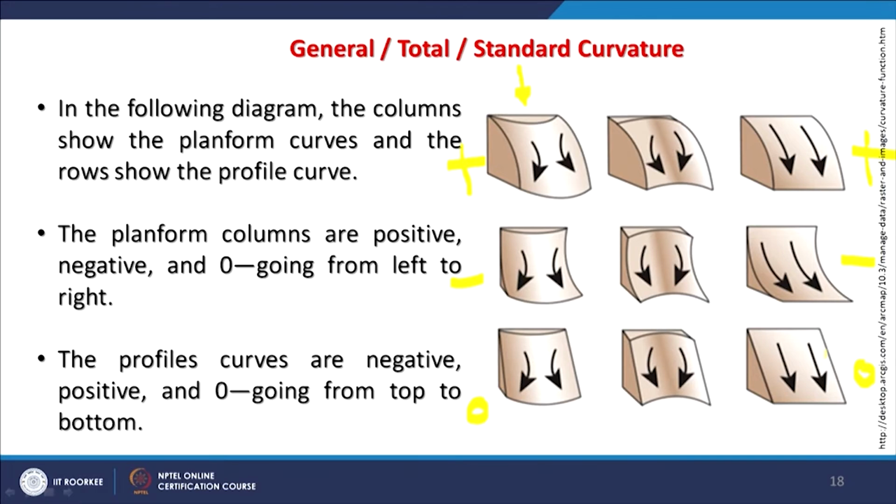all three cases. So, here things are convex, but still in certain conditions when it is upward convex, then you are having positive, but if it is divergent kind of situation, you are having negative.